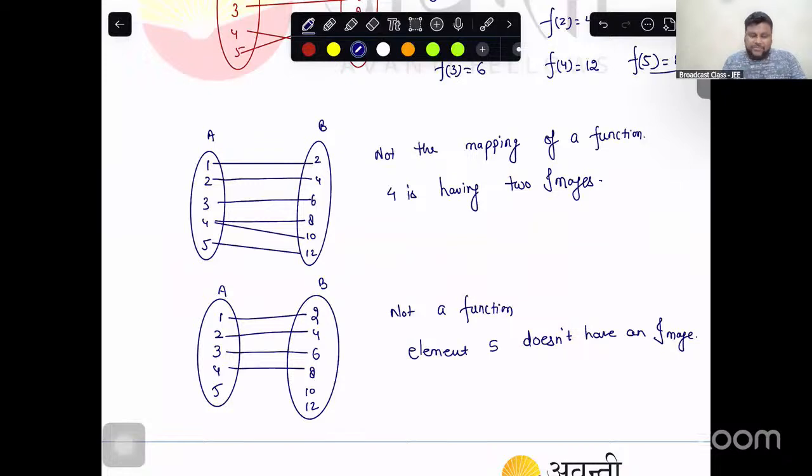So element 5 does not have an image. So this is also not a function. Understood, everybody? Any doubt? No.